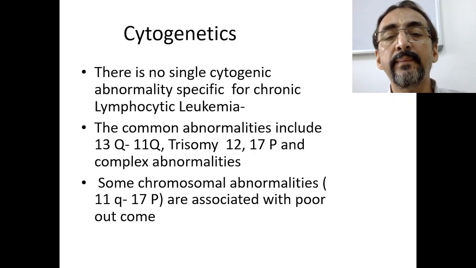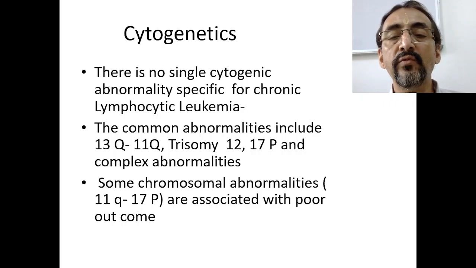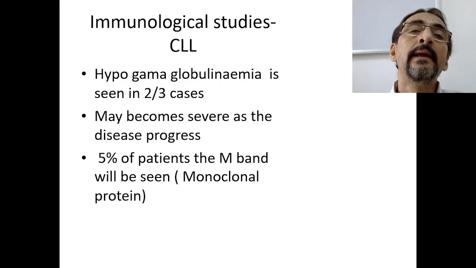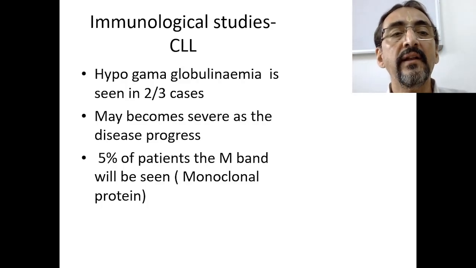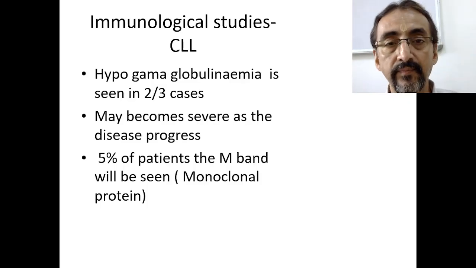Chromosomal abnormalities of chromosome 11q and 17p are associated with poor outcome. Regarding immunological studies of CLL, hypogammaglobulinemia is seen in 2/3 of the cases. It becomes severe as the disease progresses, and in 5% of the patients, the M band will be seen. M band refers to monoclonal protein.